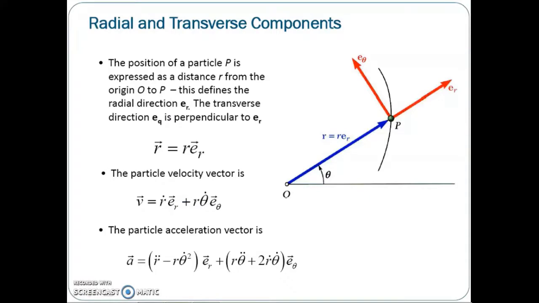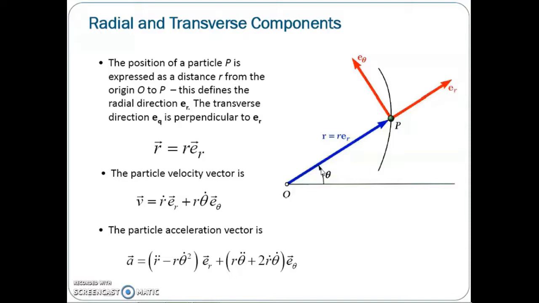So here we can see that the position of the particle P is expressed as a distance r from the origin O to P. This defines the radial direction ER in this direction. The transverse direction is perpendicular to the ER direction. We call it E theta. That basically relates to the angle theta.